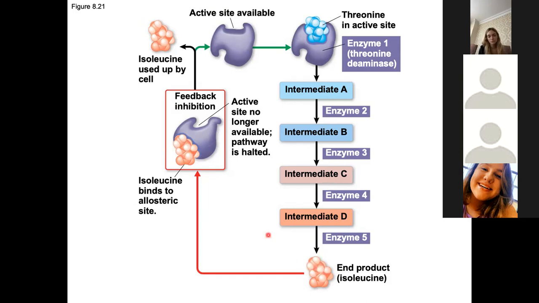So this isoleucine, the product here, is the allosteric inhibitor. If the concentration of isoleucine rises, it shuts down the enzyme, and then the concentration of isoleucine begins to fall.